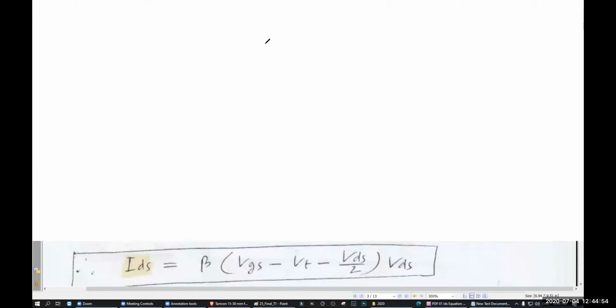Let's say our beta is equal to 10 microampere per volt square. The unit is microampere per volt square. Now VT, let's say our VT is equal to 1 volt.